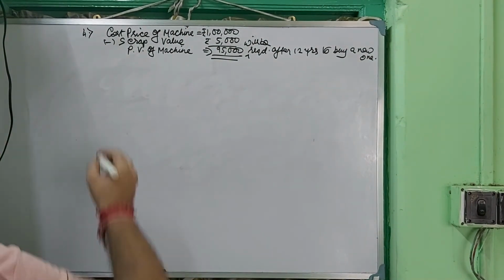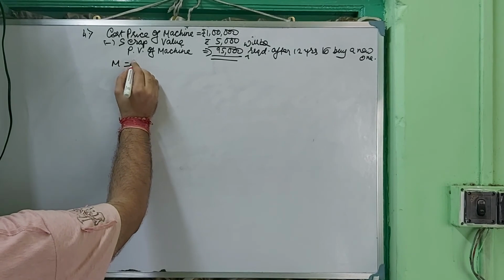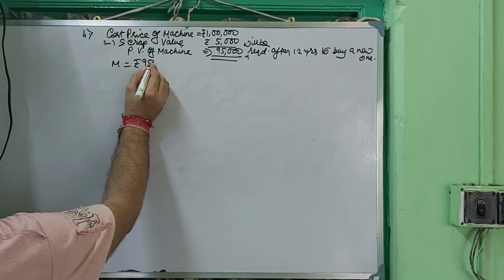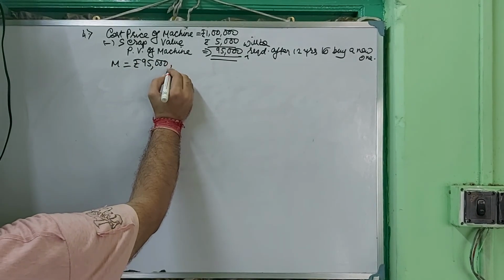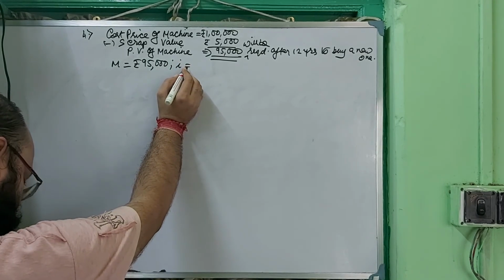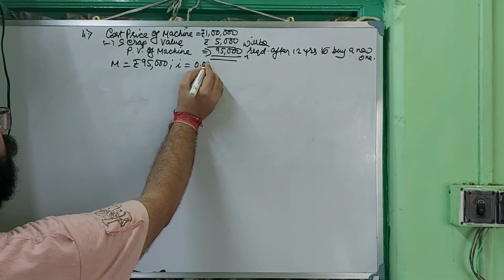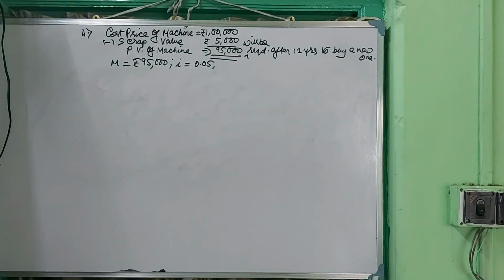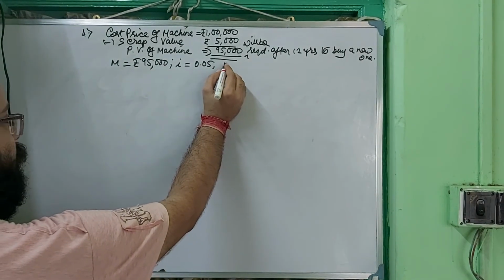So over here, M is rupees 95,000. You know that. I is 5%, means 0.05. And N is 12 years.